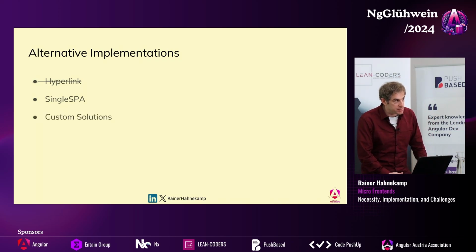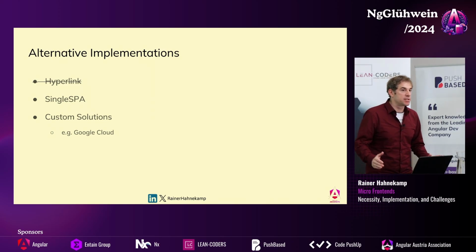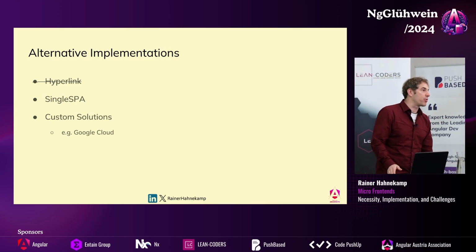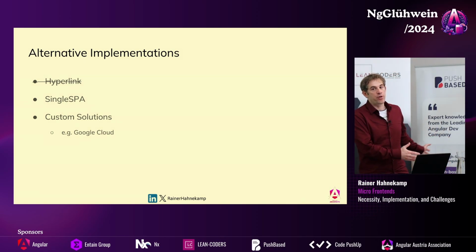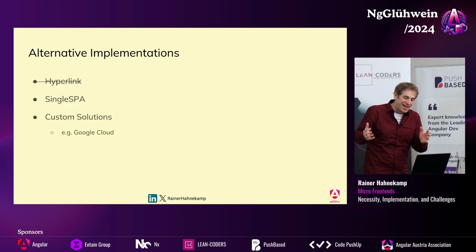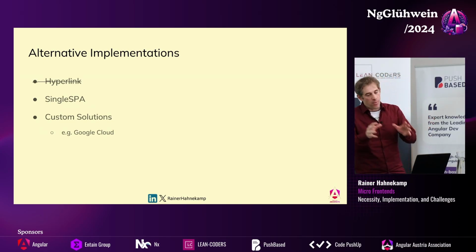Custom solutions. We have the story of Google Cloud, where they have 2,000 Angular developers working on one project. What they are using is two iframes. One iframe is always shown. The other iframe is the container for the micro frontend, and they are mirroring what the micro frontend iframe is doing into the main iframe.